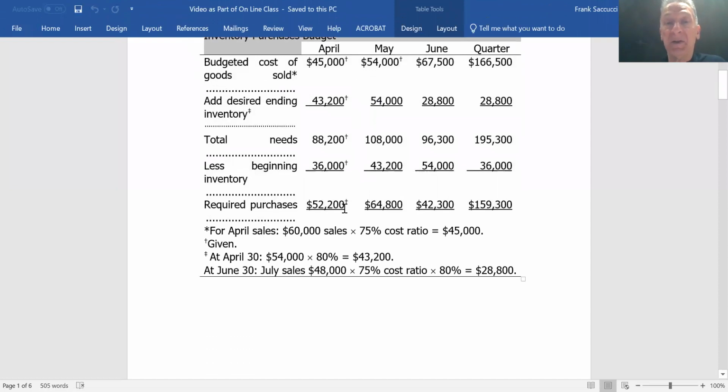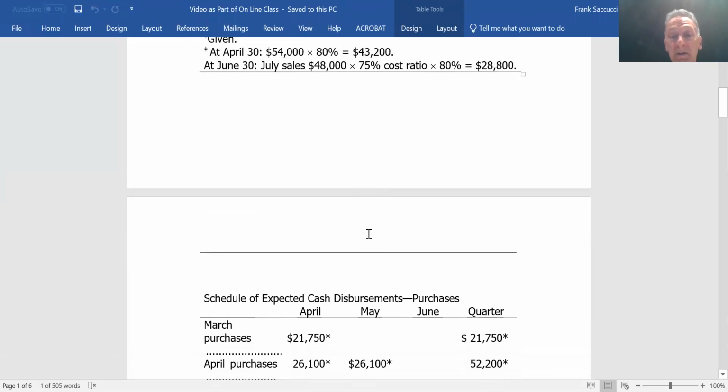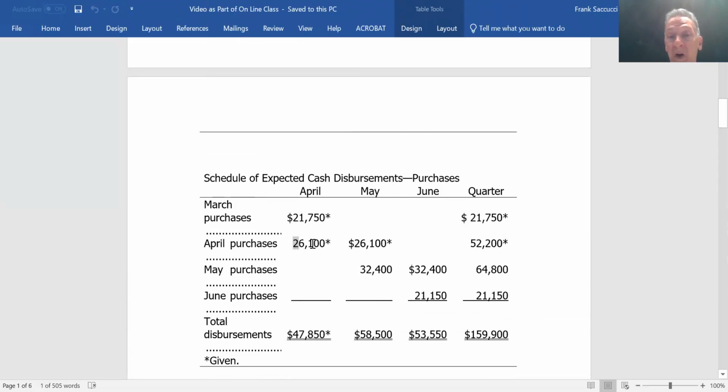Now, in this particular example, this company has an anticipated pattern on how they will pay for that. It's not going to be cash on delivery in this example. So they've come out with a policy. They'll pay half in the month they purchased and half in the following month. So if we see that 52.2, we say to ourselves, half of that is 26.1.